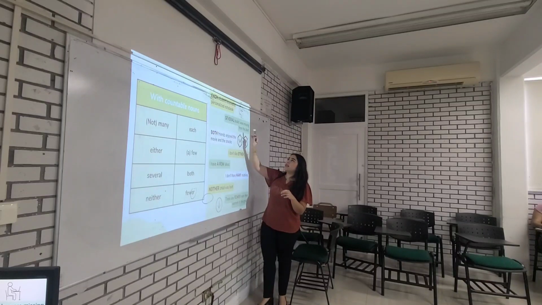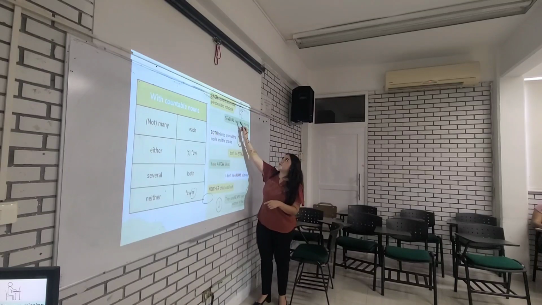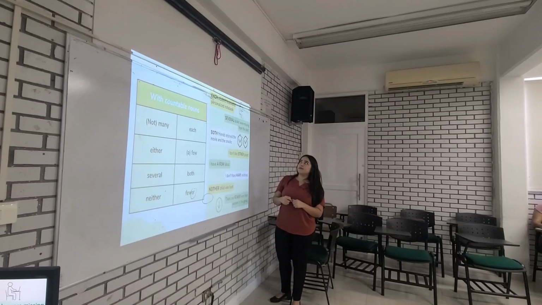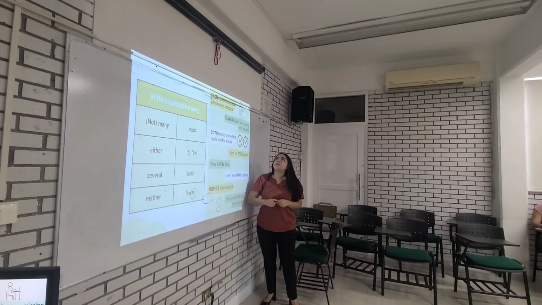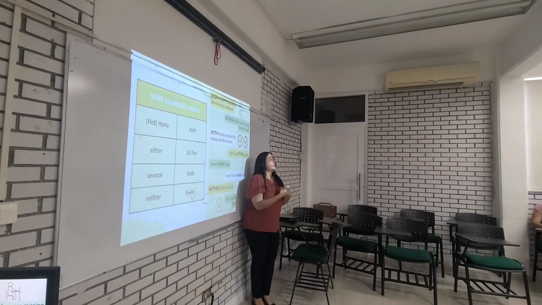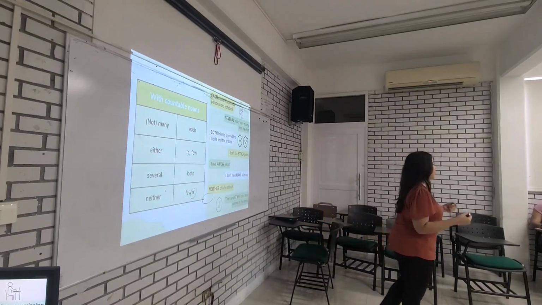For example, at the beginning we have Aileen, can you help me read the first one, please? Yes. Each student received a personalized note. When I'm referring to each, I'm referring to the individual thing or person.